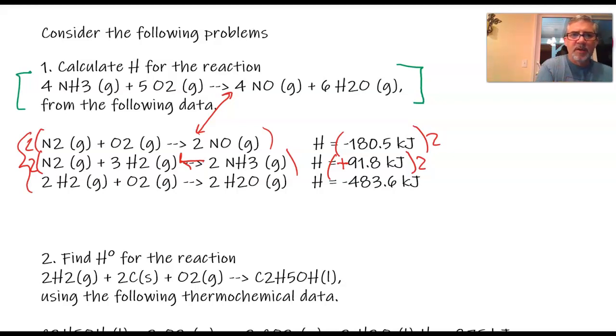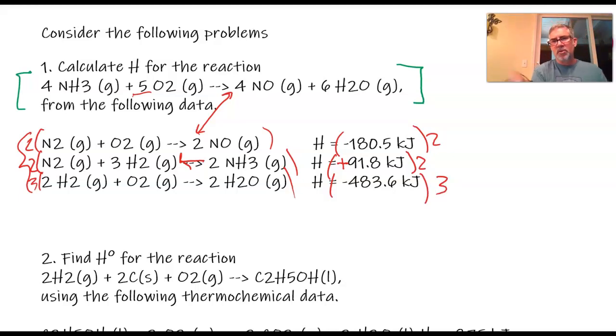Okay, so my water's in my right spot, but I'm going to have to multiply this by 3. Right? So now I have 2 oxygens and 3 oxygens, so I'm going to end up with 5, which I'm supposed to end up with, and that's kind of where I want to be. So if you remember, we changed some things. So let's see what we did. And because I multiplied that by 3, I'm going to have to multiply that by 3.